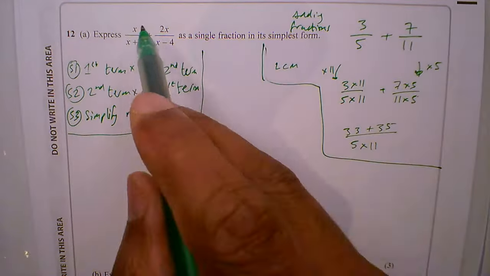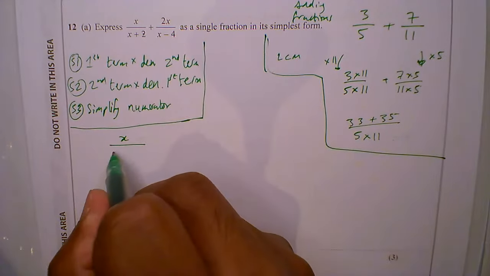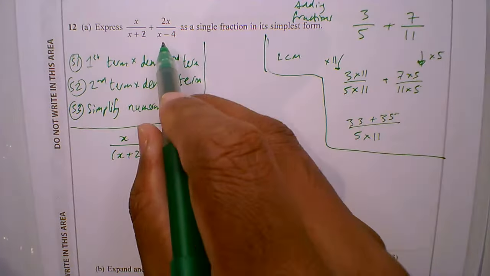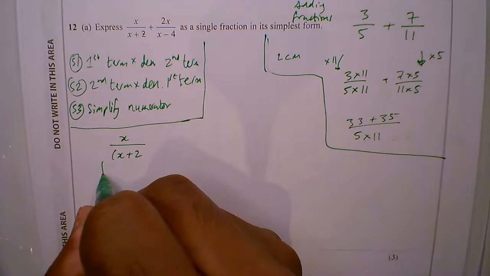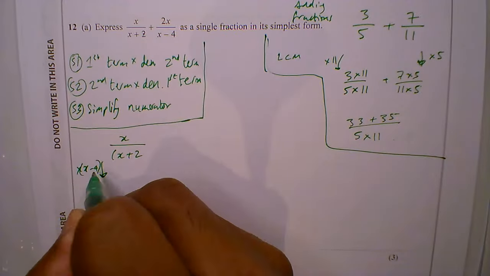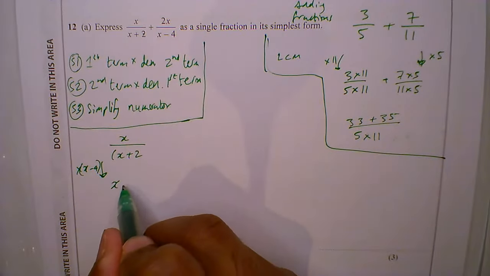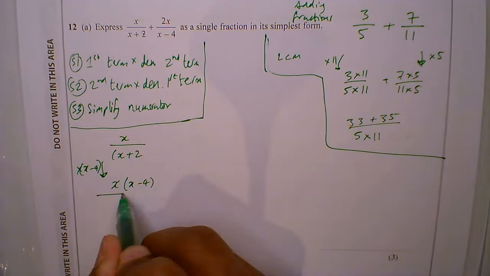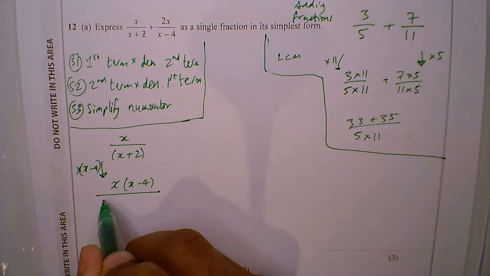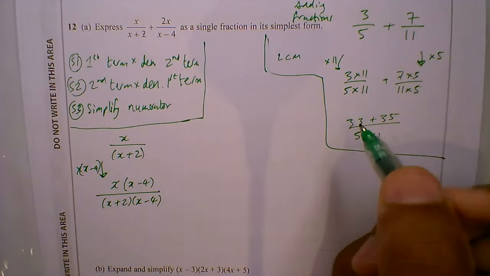So the first term is x over x plus 2, multiplied by the denominator of the second term, so times x minus 4. That gives me x bracket x minus 4, all over x plus 2, x minus 4.